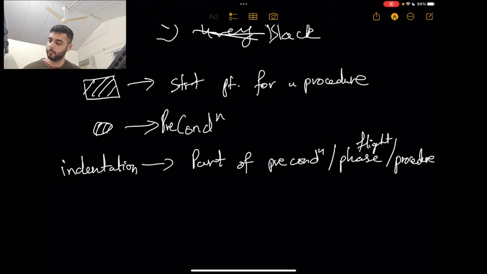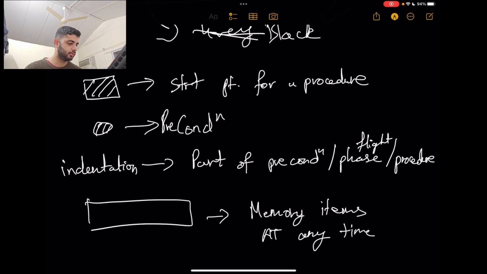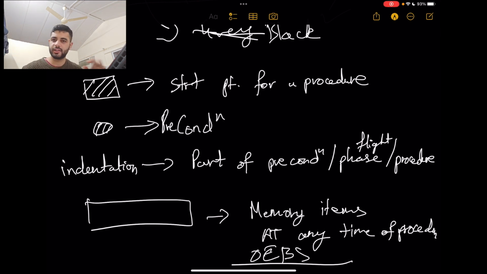And last is boxed items. Boxed items are important, they are memory items. Otherwise they can be at any time of the procedure. It can be OEBs. That's what boxed items are.